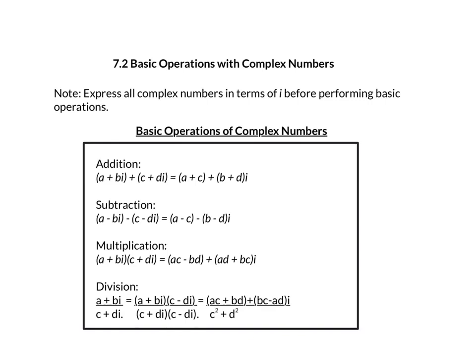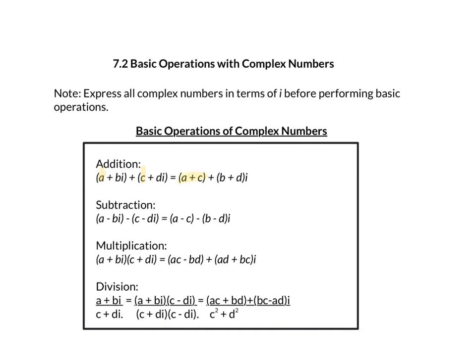Starting with addition, what we're doing here is combining like terms. So if you look, we have a plus bi, which remember is your rectangular form for a complex number. We have that plus c plus di. So we're taking a and c, the real parts of the complex numbers, and adding those two together.